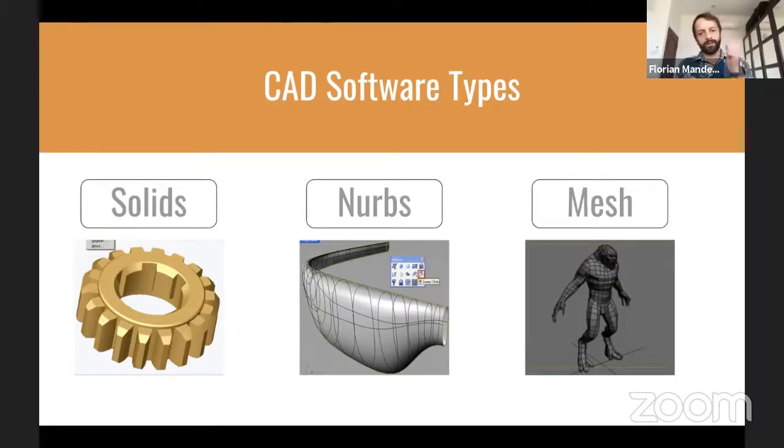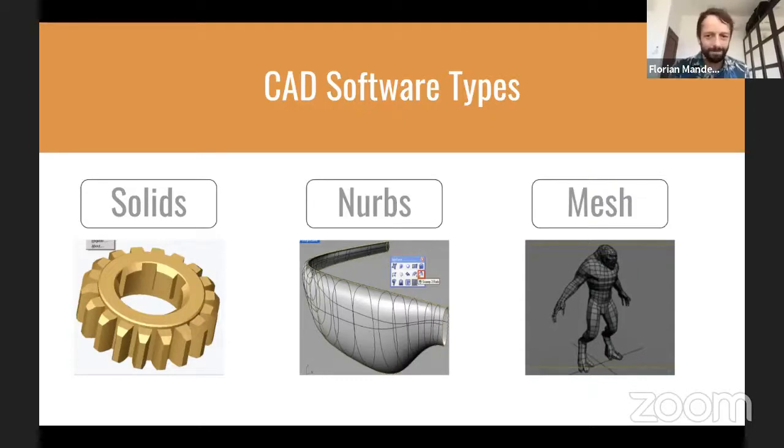And then there are different types of 3D software, of course. You can compare it to different languages almost. What's very much related is solids and NURBS, but mesh is a little bit different. But you'll deal with most of it anyways when you 3D print.